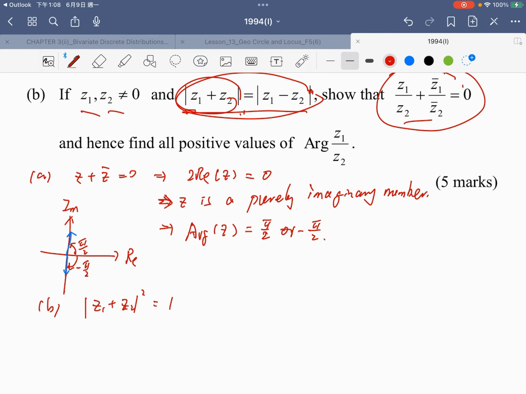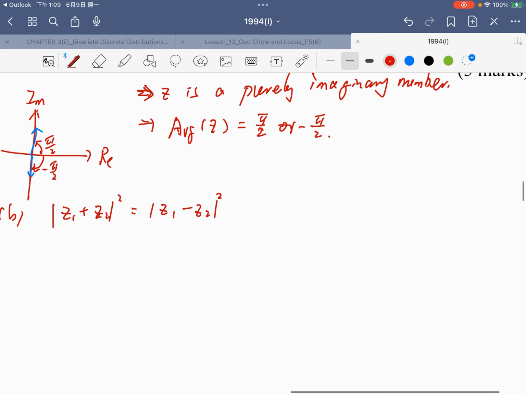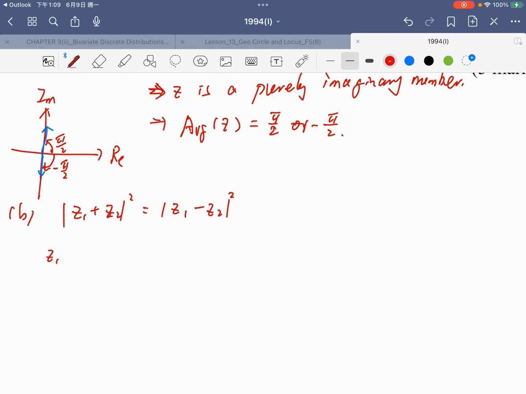Take square means can be changed to the multiplication of complex number. That is z1 plus z2 times z1 conjugate plus z2 conjugate. And on the right hand side, also z1 minus z2 times z1 conjugate minus z2 conjugate.